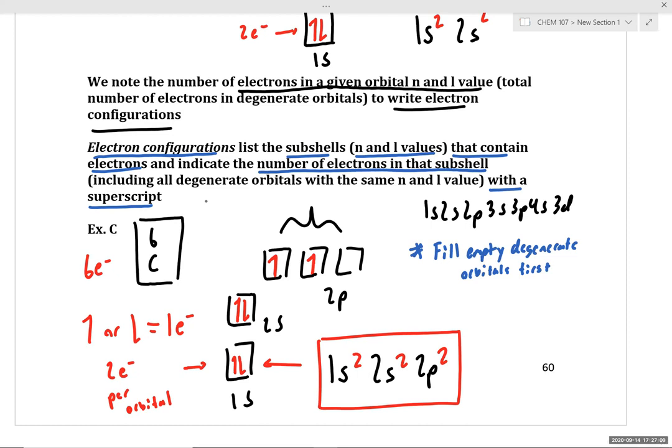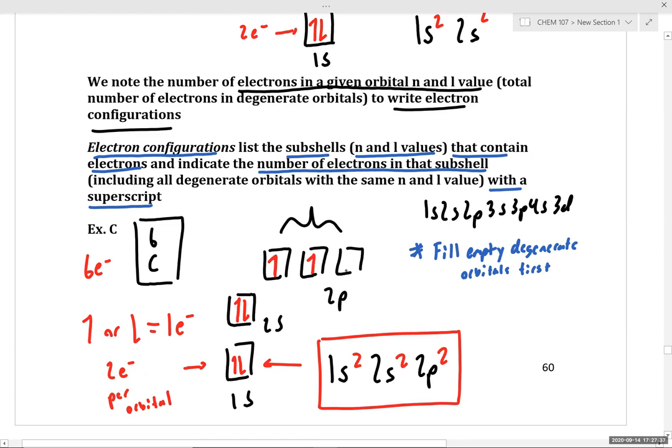So the reason for that, and we'll talk about it a little bit in a moment, is that pairing electrons, having 2 electrons in an orbital, costs energy. So if there's another orbital that's empty and has the same energy, it's preferred to place an electron in the empty orbital of the same energy first.